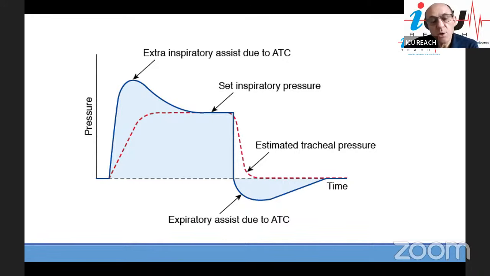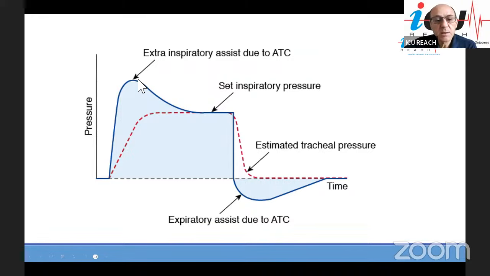Now, this pressure is not only in inspiration, it is also in expiration. And this is not known by a lot of intensivists, that as we support the inspiratory part of the breath with positive pressure, we create pressure to overcome the airway resistance of the tube.